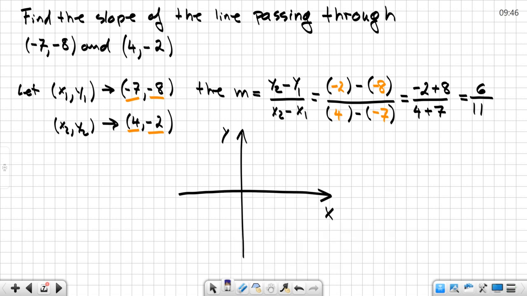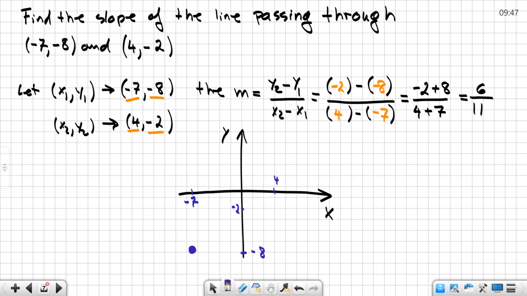Let's have a look. Negative 7 means it goes to the left. Maybe here. Negative 8, it means it goes down. Let's say down here. This is the point. Let me say negative 7, negative 8. Where's my second point? 4, negative 2. 4 means I had to go to the right, and negative 2 meant I had to go down a little bit.